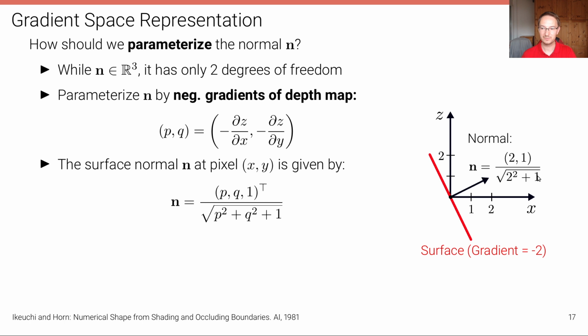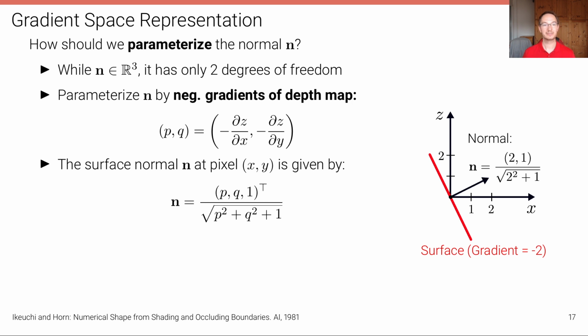We normalize that vector, and this is the unnormalized vector here in black, 2 and 1, but this is the correct normal that corresponds to this gradient. So there's the relationship between the negative gradients of the depth map and the normal.